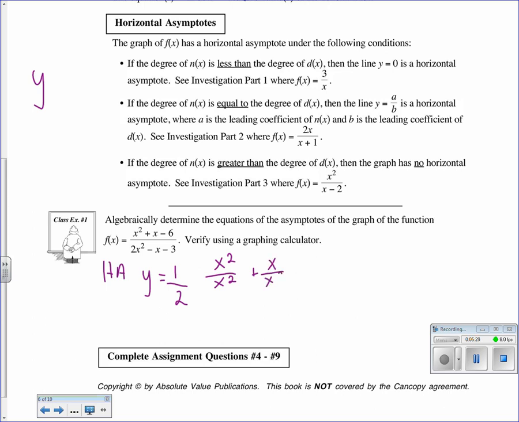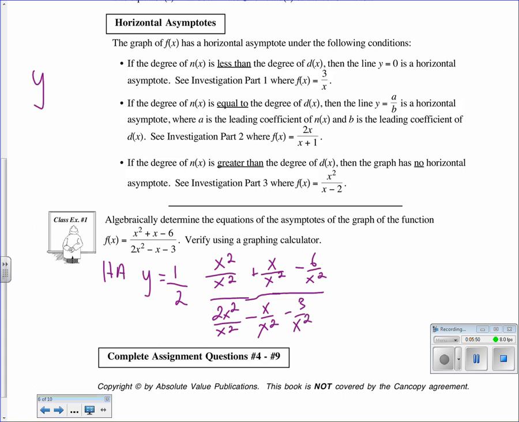x squared over x squared plus x over x squared minus 6 over x squared, divided by 2x squared over x squared minus x over x squared minus 3 over x squared.